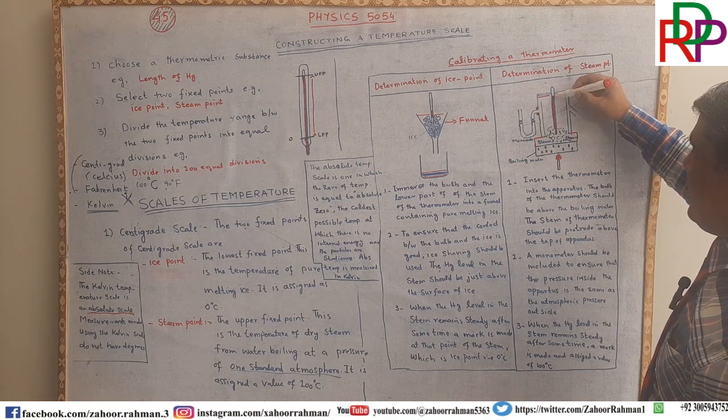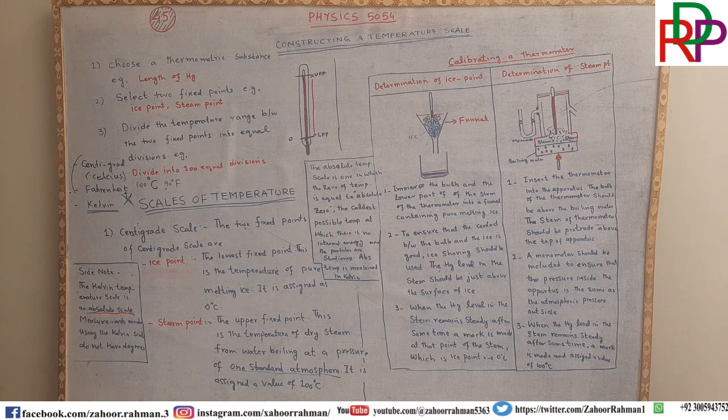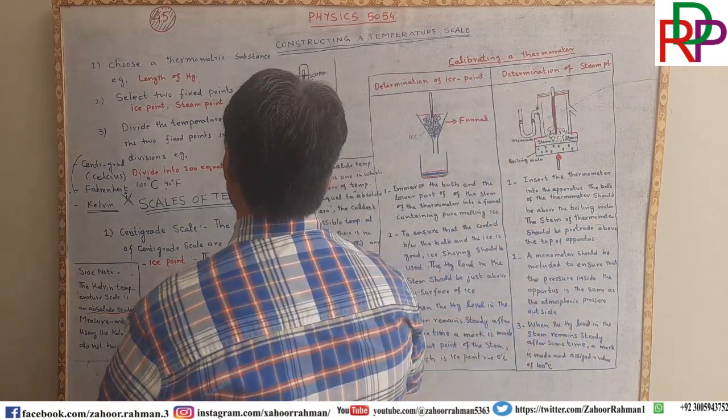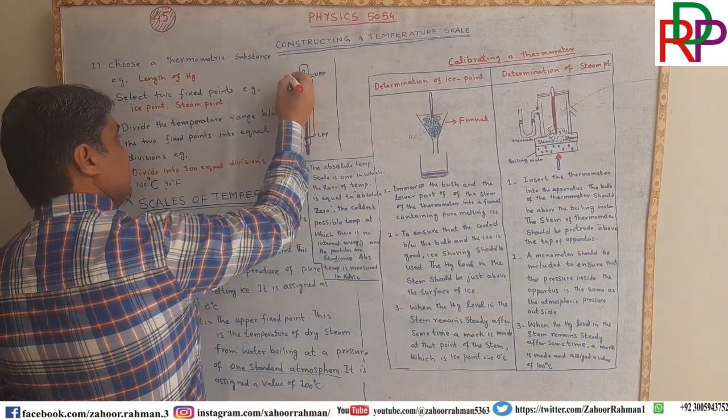And when it reaches a certain point, for a longer time it will remain steady and it will not change. You are providing the heat, steam is there, but the mercury level is not changing for a specific amount of time. So when the mercury level in the stem remains steady, after some time a mark is made and assigned a value of 100. For example, this is 100.